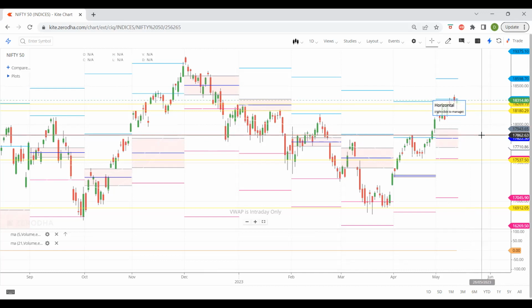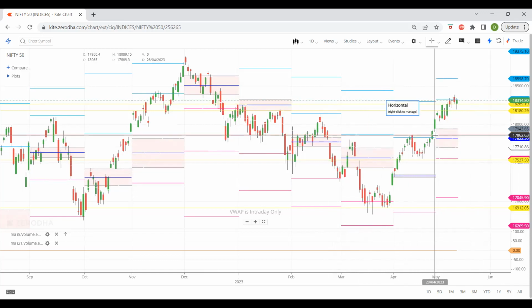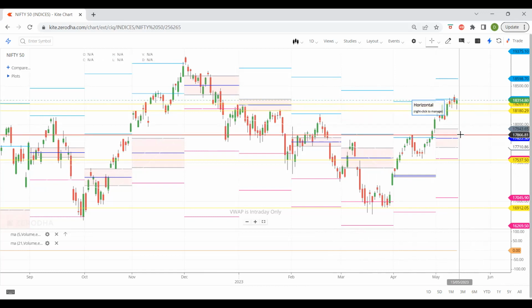17,850 levels. This was the level which was earlier the previous resistance, and it was also the neckline of an inverse head and shoulder pattern. An inverse head and shoulder pattern is a bullish accumulation pattern. These are the two shoulders, this is the neckline, and this is the head. It's a very well-known accumulation chart pattern, and once a breakout happens above the neckline, generally the neckline becomes a support.